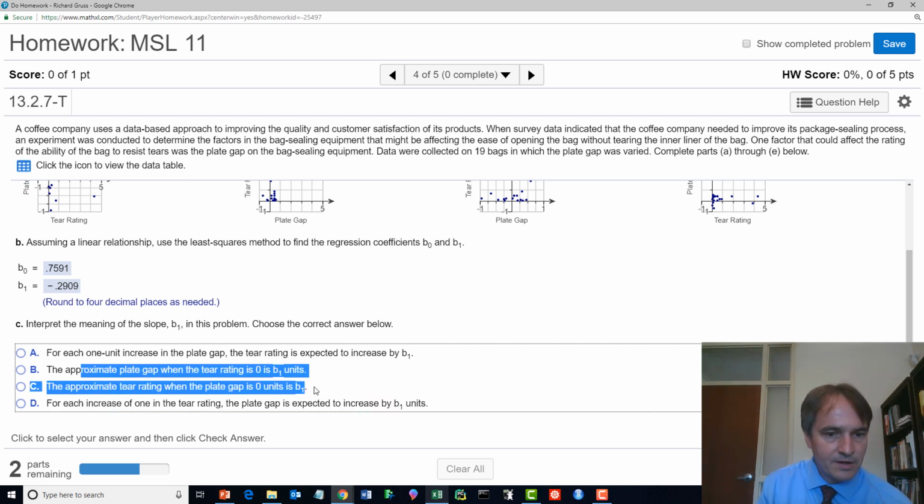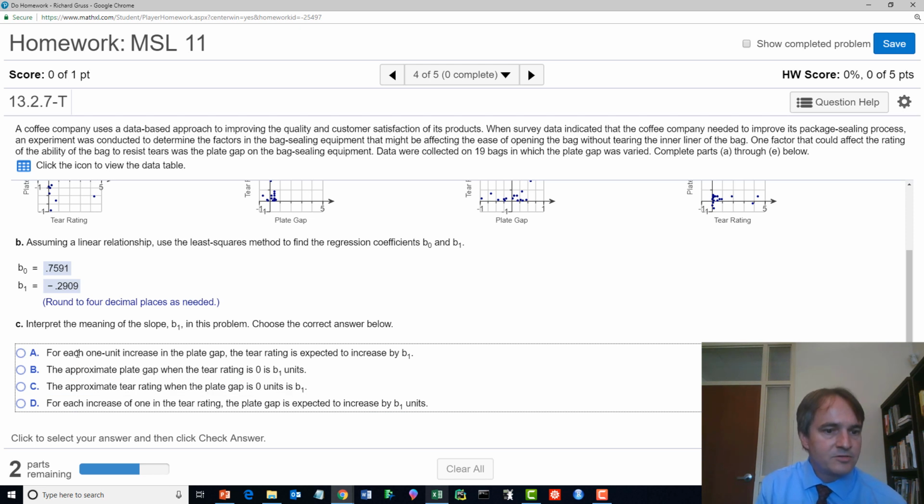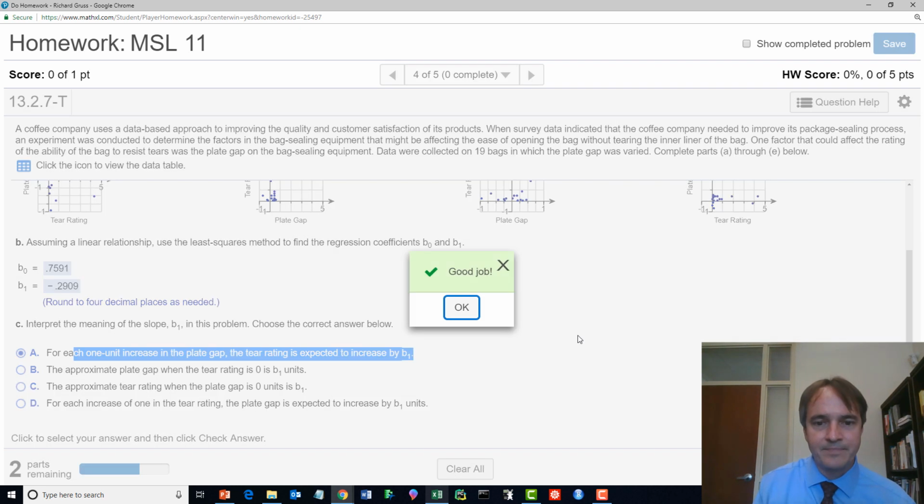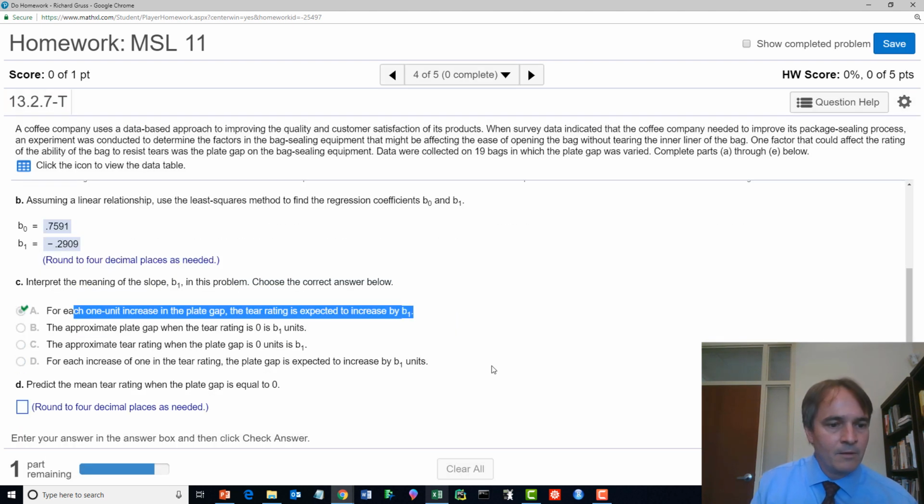And these just are not right at all. But let's look at this one. For each 1 unit increase in the plate gap, the tear rating is expected to increase by beta 1. Yes, it increases by a negative number, so it's a little bit backwards in the phrasing, but we'll take that one.